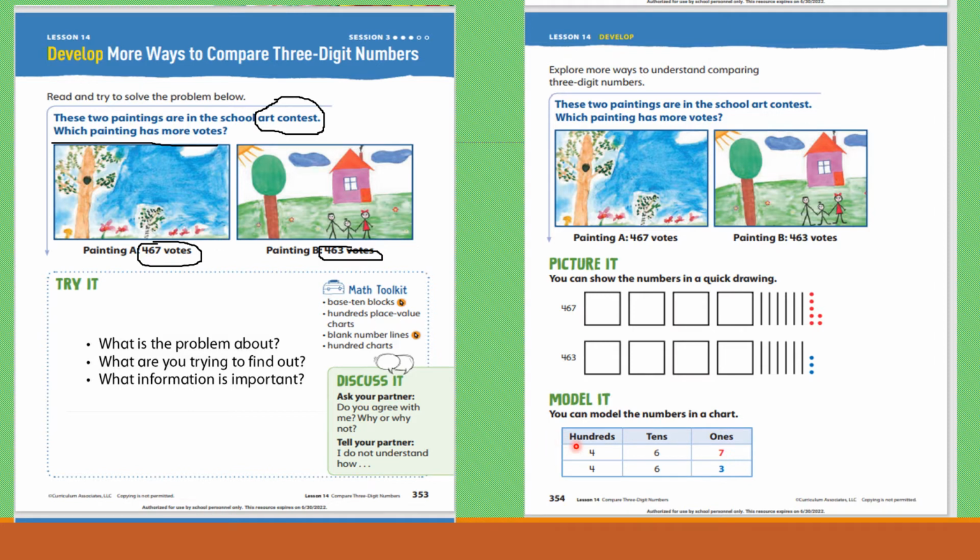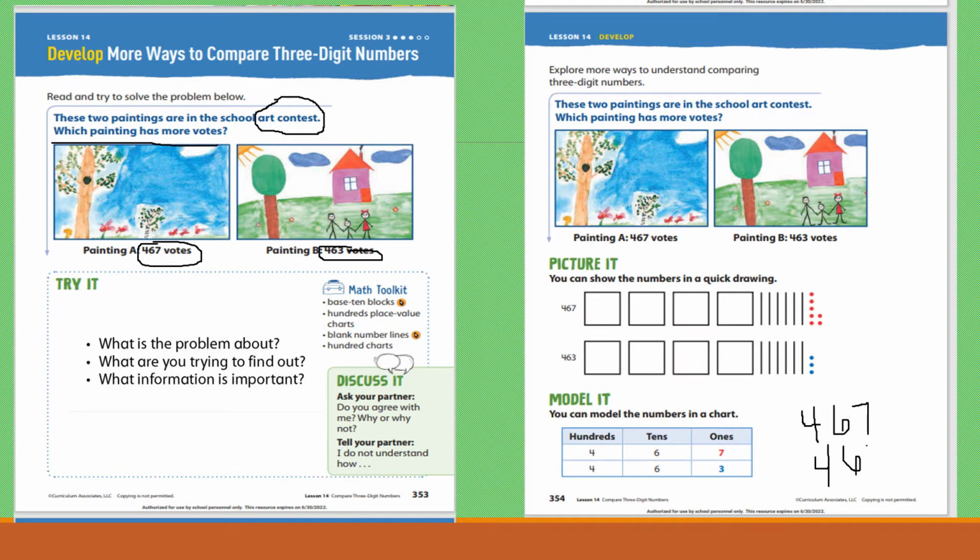Hundreds, tens, and ones. 4 hundreds, 6 tens, 7 ones. 4 hundreds, 6 tens, 3 ones. Boys and girls, I also told you you could do it the other way. You can say 467 and then 463.